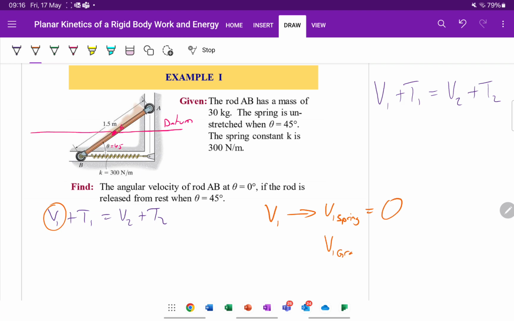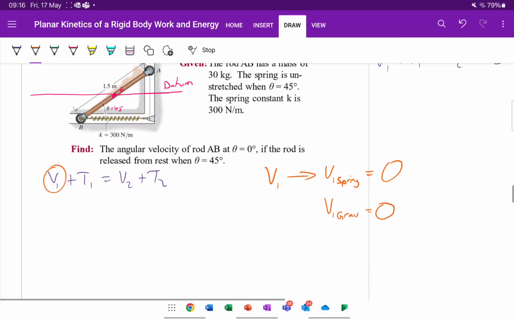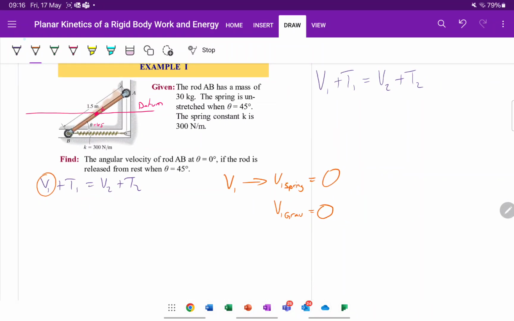V1 grav, the gravitational potential energy, is also 0 because I've put the datum through the centre of gravity. So that first term is 0. We also know it's starting from rest, so there is 0 kinetic energy. It's only the last bits that I need to calculate.